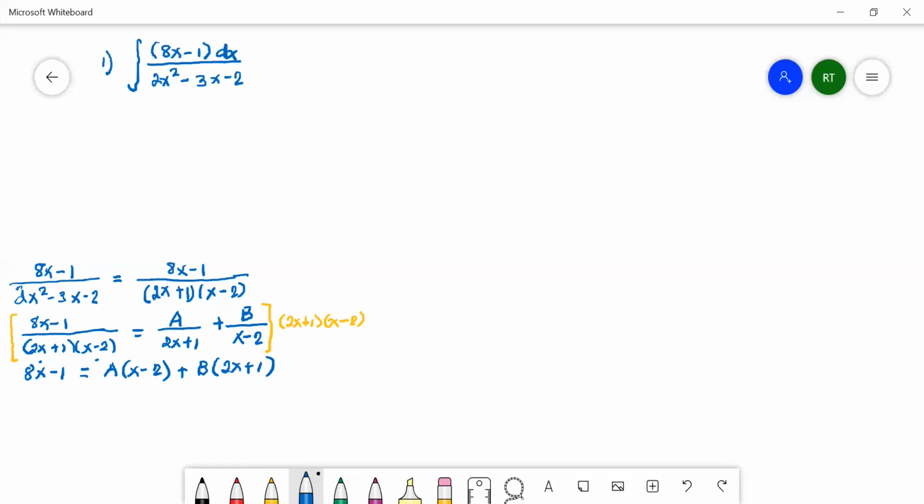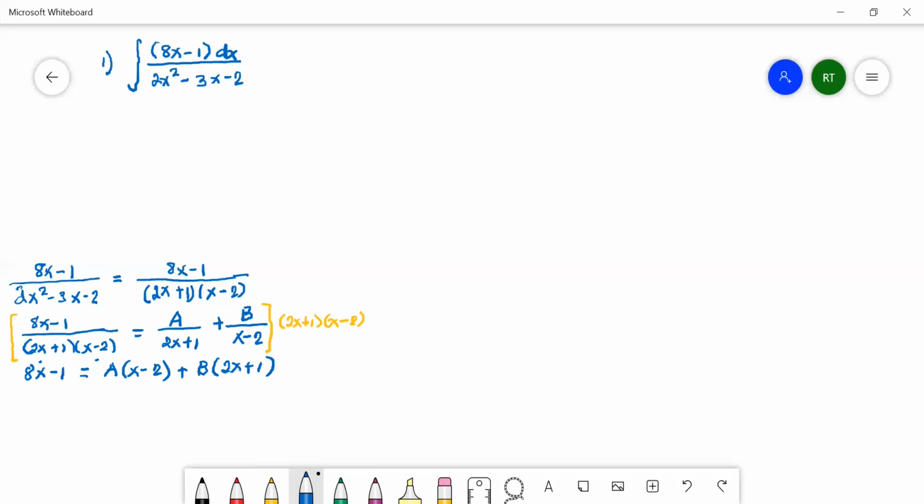And we can do that by substituting the values of x that will make the denominator 0. Actually, this is a technique. We will use the values of x that will make the denominator 0 to determine the constants A and B. And there are actually two values of x that make the denominator 0.